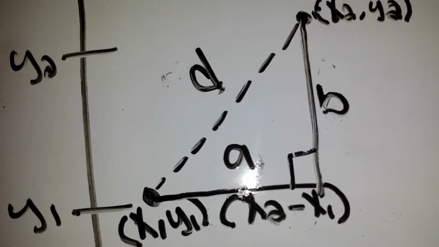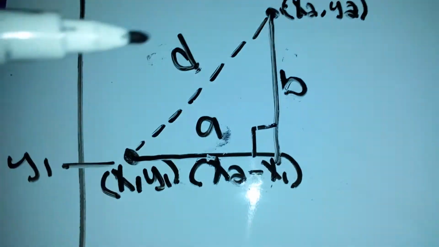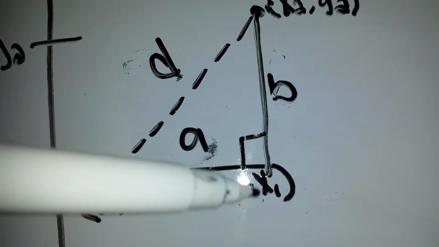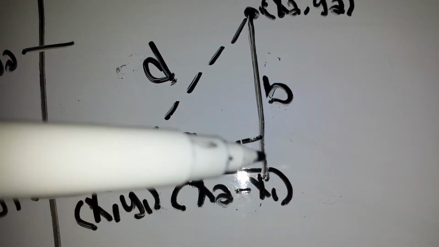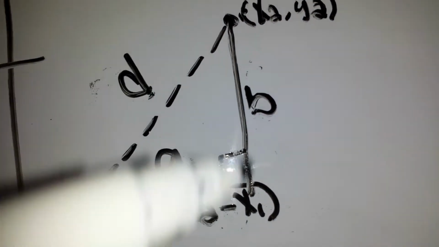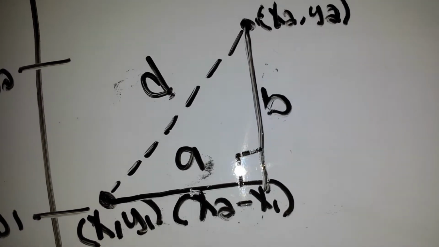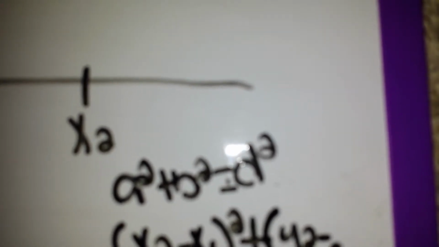the B value, which is the vertical distance, and it's the distance between the y coordinates. So B would be y2 minus y1 squared, and I ran out of room.